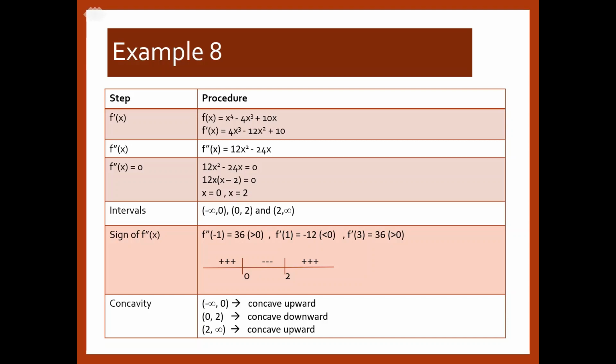You should get positive sign from negative infinity to 0, negative sign from 0 to 2, and positive sign from 2 to infinity. Therefore, we can conclude that the function is concave upward on the intervals negative infinity to 0 and 2 to infinity, and it is concave downward on the interval 0 to 2.